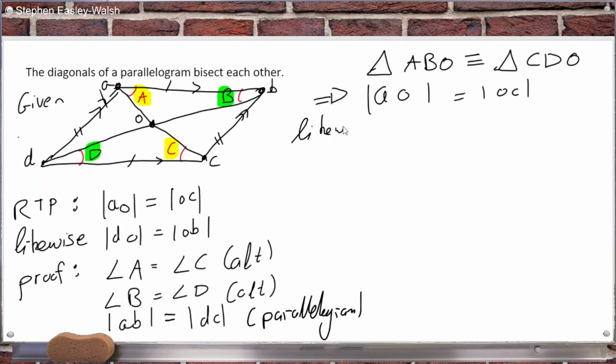Likewise, so what I did to get this statement was I looked at the lengths of the side opposite the green angle here. So if I look at the lengths of the sides opposite the yellow, the DO should be the same as OB. Yeah, okay. And that ends the proof then.